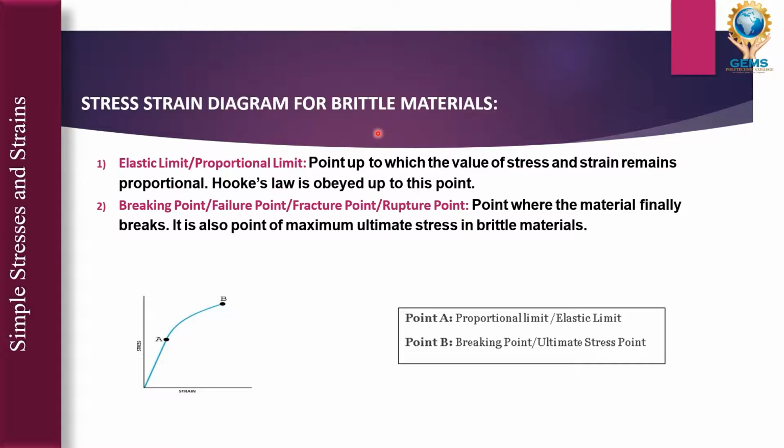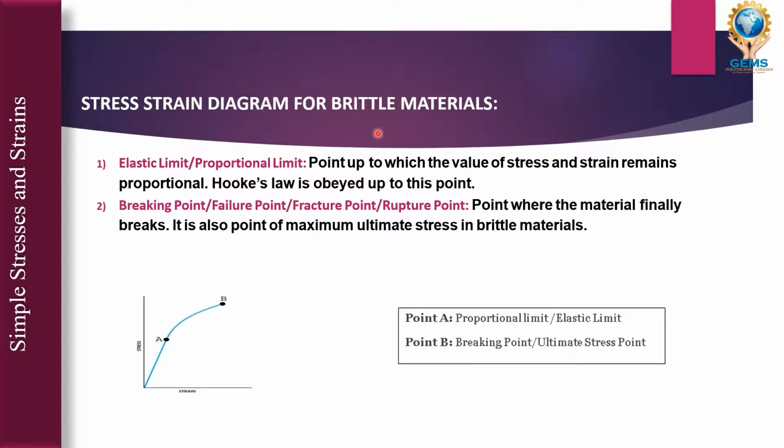That means it will break if we give little stress only. Understand? And it has no plasticity. It has no plasticity property. That means it will not deform. It will break. Understand? That type of material is known as brittle material. Once again I will repeat it. What is brittle material?